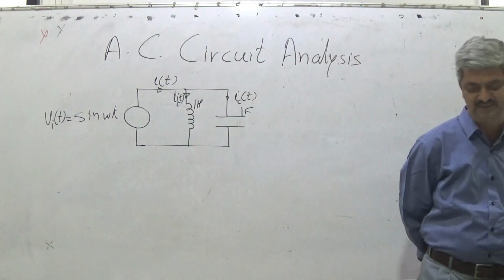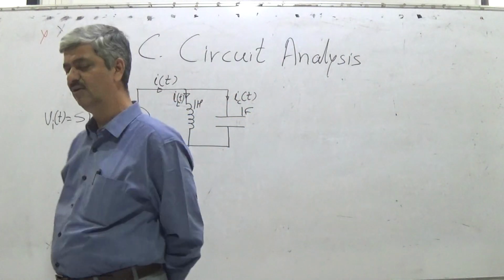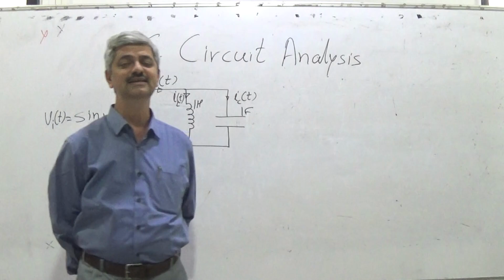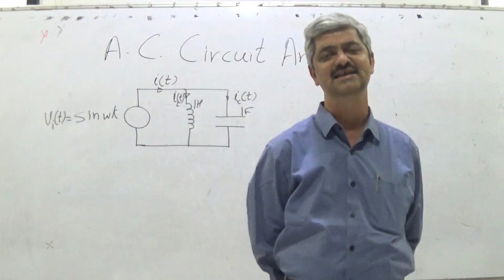We use the simple logic, j square equal to minus 1, and j sine is cos. Only two things we use, j square equal to minus 1 and j sine is cos.